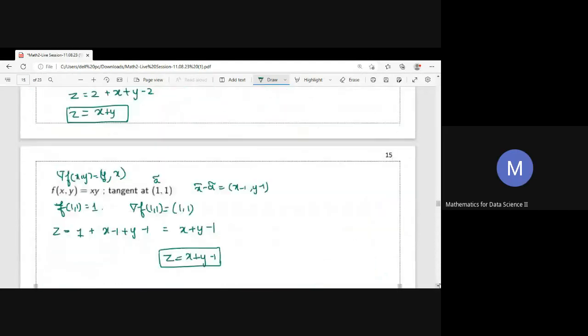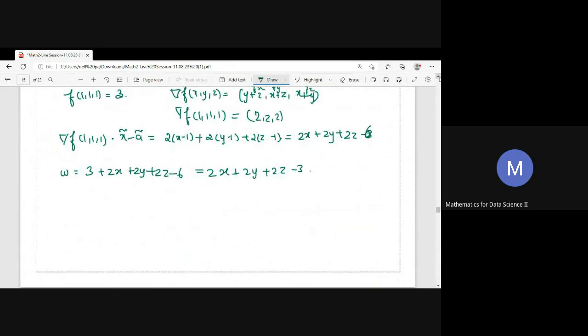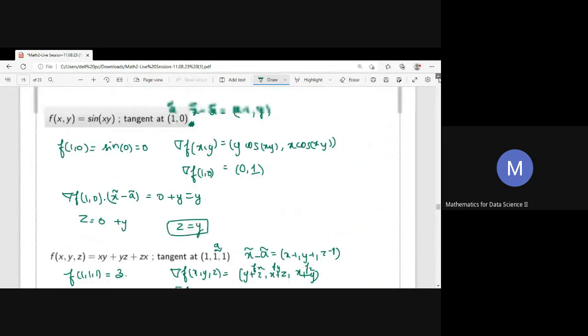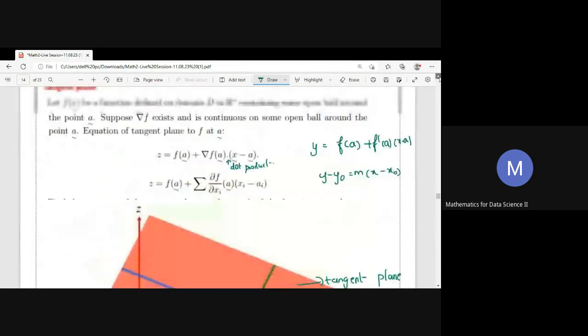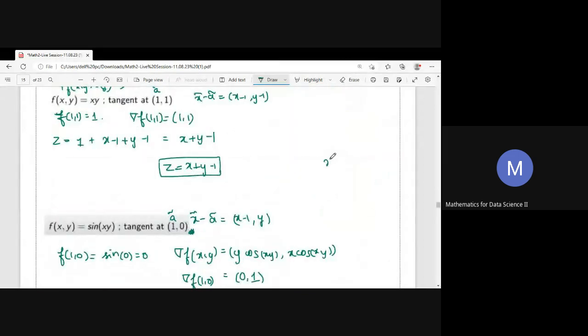See, for up to 2 variables, it is just a tangent, it is just a plane. Now when you come to n dimensions, you are having more than 2 variables, x and y. If you know that x plus y plus z is equal to 0 or c, this is the equation of a plane.